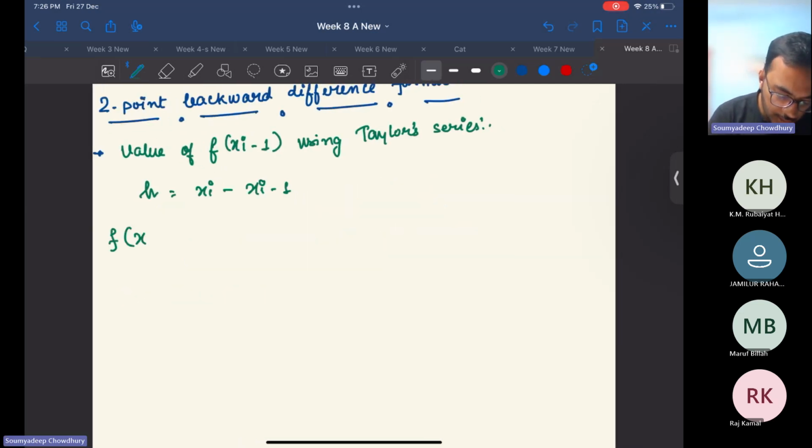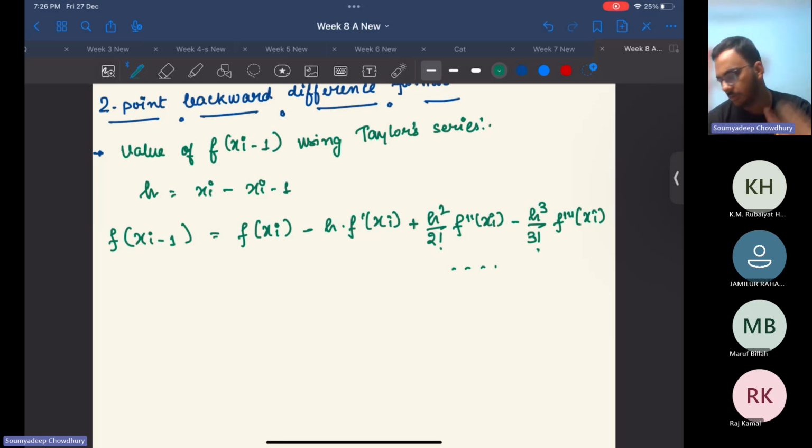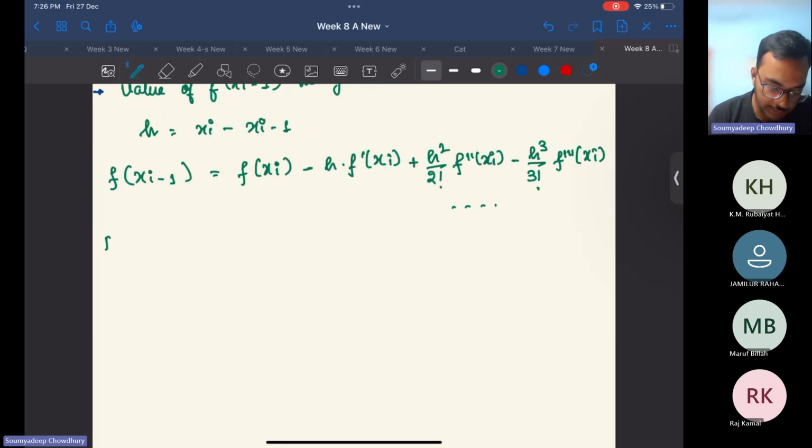Now if you want to write f of xi minus 1, it is f of xi minus h f dash xi plus h square by 2 factorial f double dash xi minus h cubed by 3 factorial f triple dash of xi, and we continue like this. So we only consider the first few terms, because as the power of h increases and h is very small, the further terms reduce.